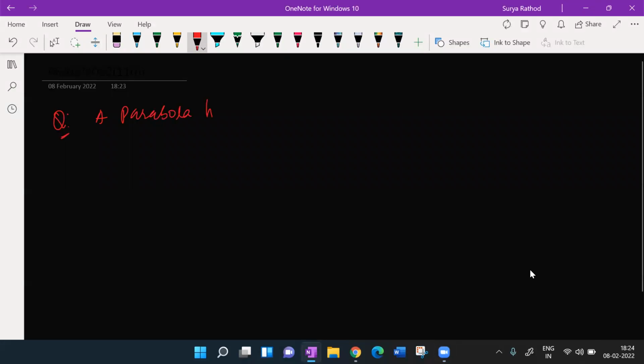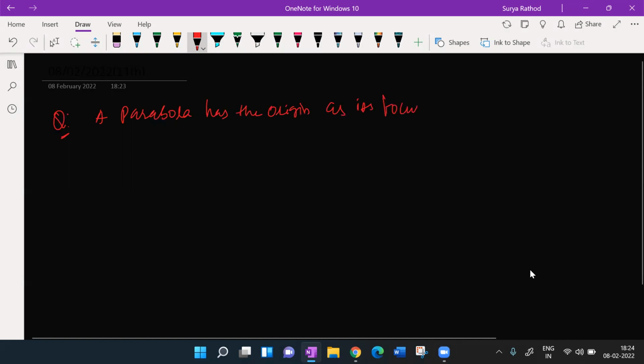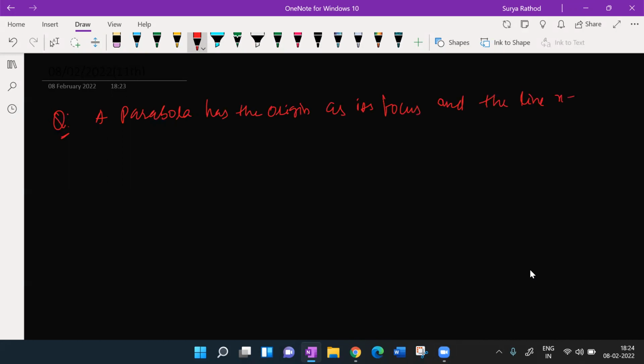A parabola has the origin as its focus and the line x is equal to 2 as the directrix.